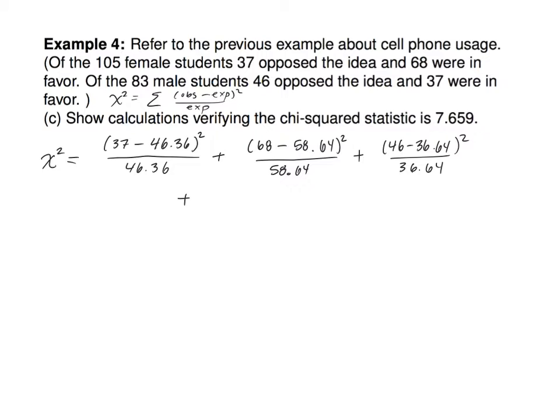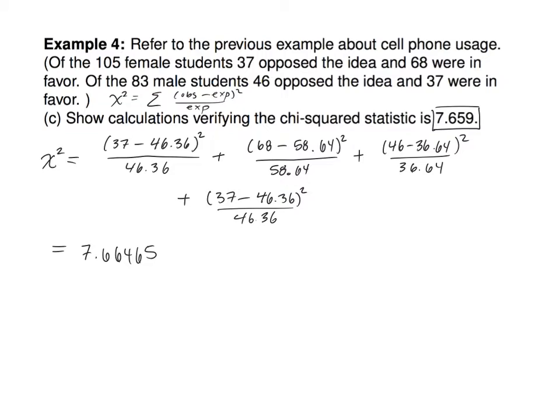And lastly, plus 37 minus 46.36. A lot of your calculators are smart enough that you can punch this in in one go. You can do one big long string of stuff. As long as you put parentheses where I put parentheses, you'll be totally fine. You should get about 7.66465, which is not the same thing that they had.